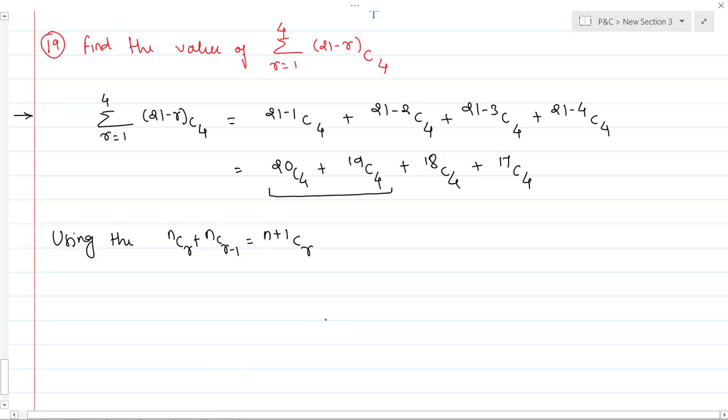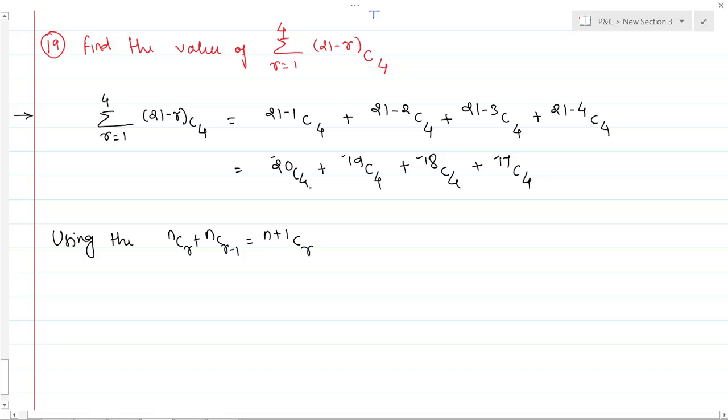See here, using this property nCr plus nCr minus 1 is equal to n plus 1 Cr. Here if you observe, in these four terms we do not have n the same. Here n is 20, 19, 18 and 17.